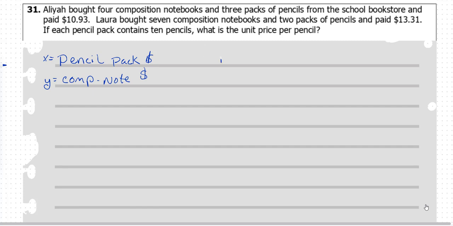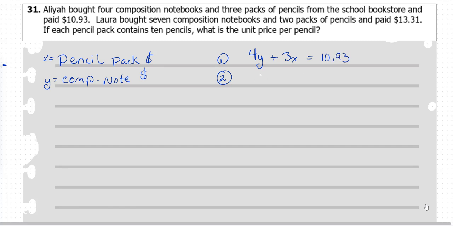I need to come up with my two equations. So Aaliyah brought 4 composition notebooks, so 4y plus 3 packs of pencils, 3x is equal to $10.93.